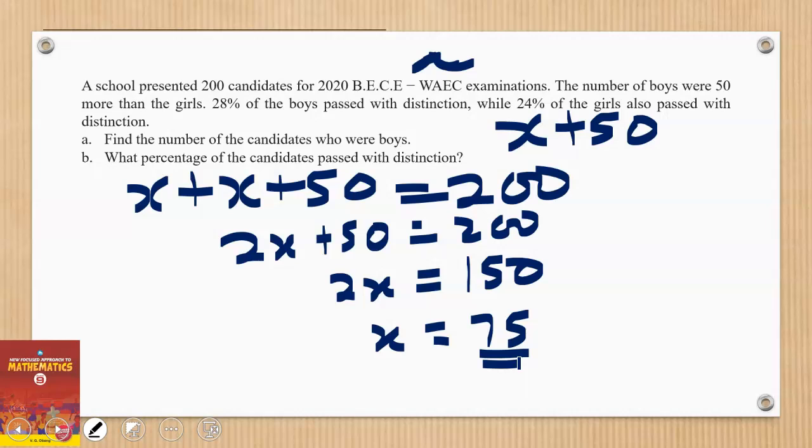In that case, the total number of boys will be 75 plus 50, and that will give us 125. Okay. All right. So that is that. So now that we know that our boys were 125, it answers the first part of the question, which says find the number of candidates who were boys, and the number is 125.